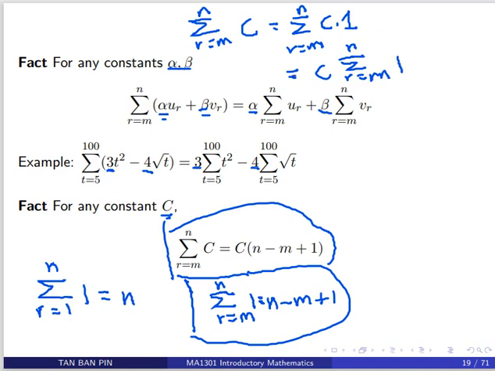We just write the constant c outside. So the answer should be just c times summation 1, r from m to n, which is n minus m plus 1. So this should be c bracket n minus m plus 1. So that's how you get this result: summation c, r from m to n, is c times n minus m plus 1.